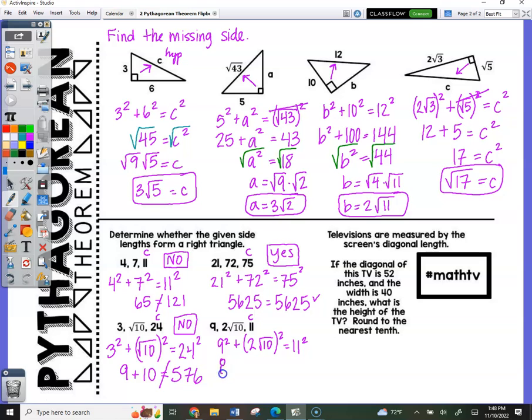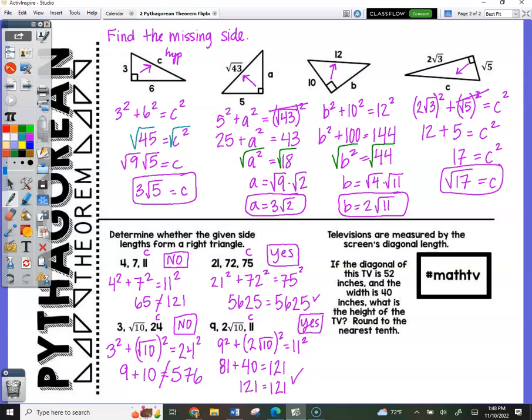So that's 81. Now be careful here. Type it in your calculator if you need to. That's 2 squared, which is 4, times 10, which is 40, right? And then that's 121 equals 121. So the answer is yes.